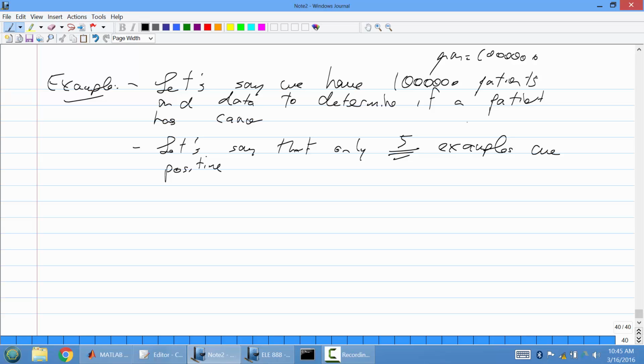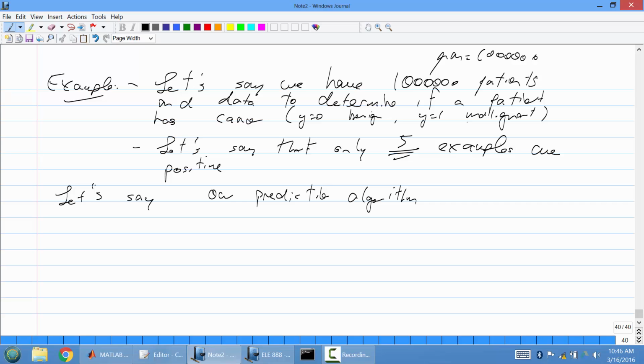So, let's say, to determine a patient with cancer, we'll call y equals 0 benign, and y equals 1 malignant. Okay, so let's say our prediction algorithm was y equals 0 for every example.